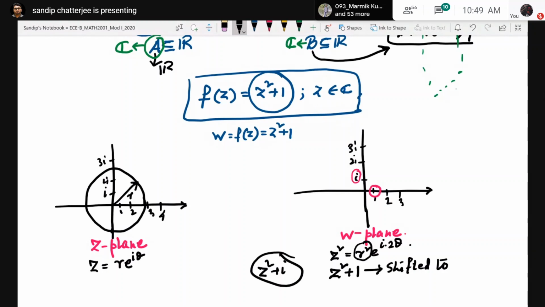The center will be at 1, 0. So that means I will get another circle where the center will be at this point, and the radius will be the square of whatever is the radius in this place. Am I clear?